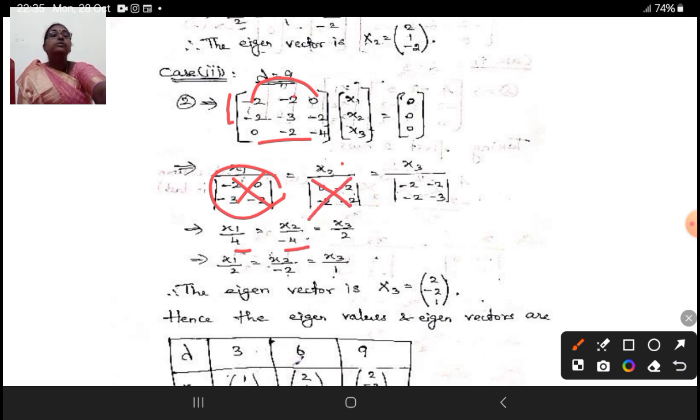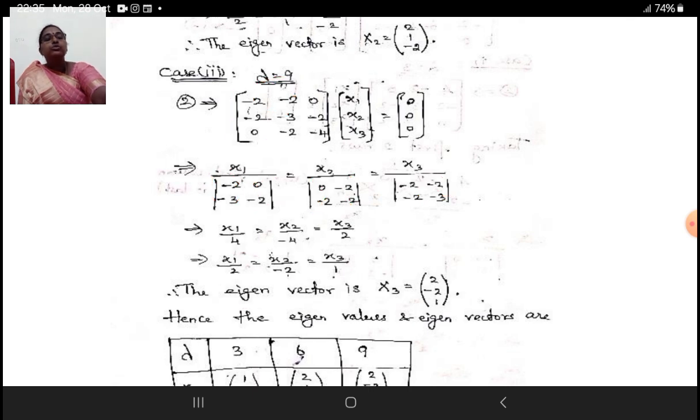Next value is x3: in these two columns, first cross minus next cross, you multiply these two values and you will get 2. Here also if we check, the common term is 2. So we get 2, minus 2, 1. So the third eigenvector is also obtained, that is x3 equal to 2, minus 2, 1.